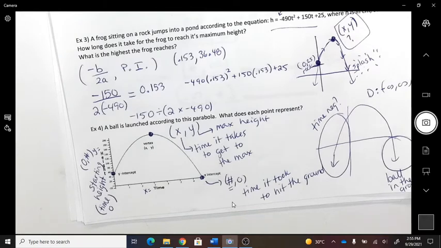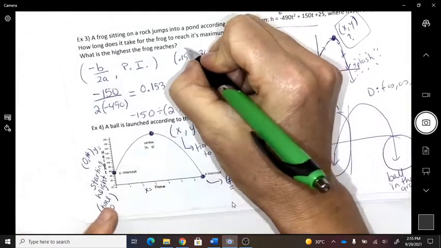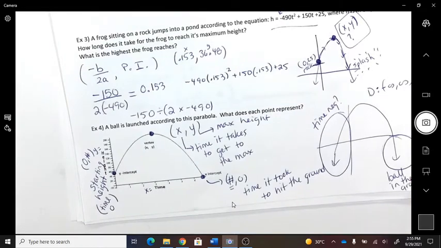But what is what? How long does it take for that frog to reach its max height? 36.48 seconds. No. This is the X and this is the Y, but we're not X and Y. What are our letters?